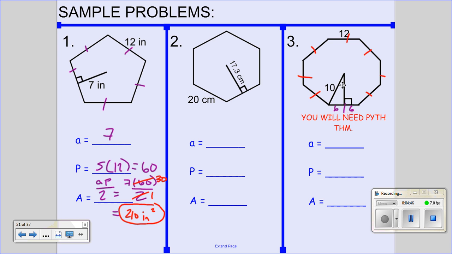My apothem is this other side right here. The shortcut for my apothem is that a equals the square root of 10 squared minus 6 squared. If I move too fast for you, ask questions later. But this is a shortcut, and when you calculate it out, you should get 8. So my apothem is 8.